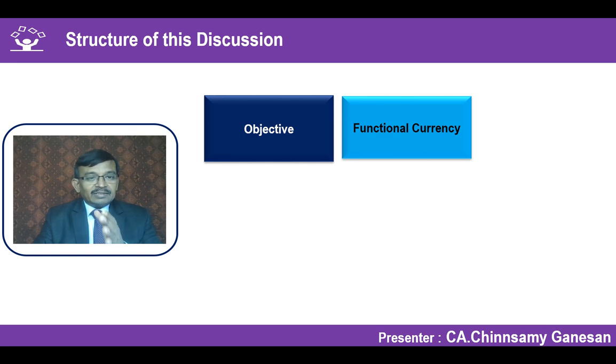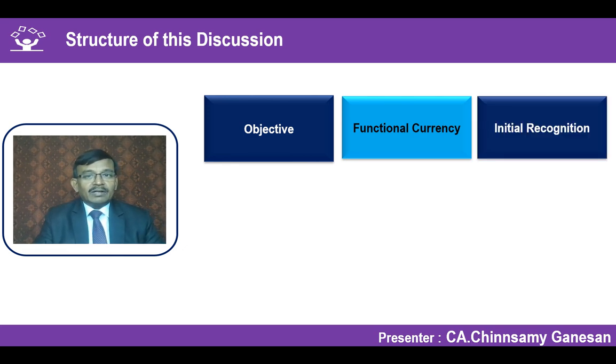The gated step is to determine the functional currency of the entity and then proceed further in accordance with this standard. And to that extent, understanding the functional currency is very, very crucial for this standard. We will discuss that for our understanding on a go forward basis, and we will have a lot of case studies to understand this particular concept.